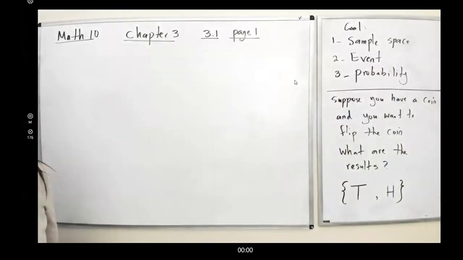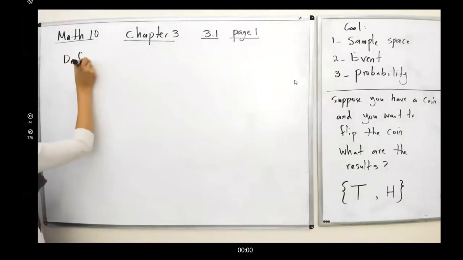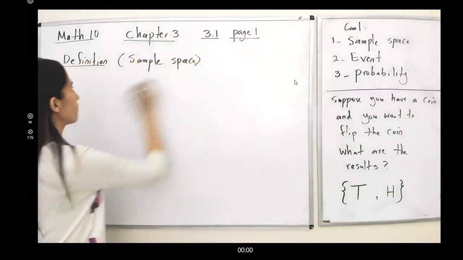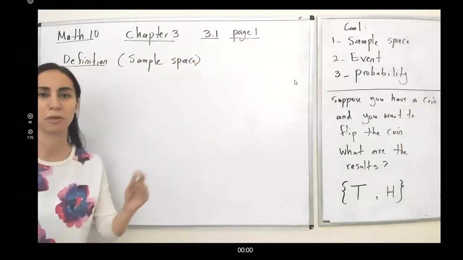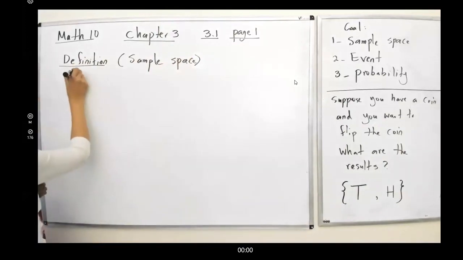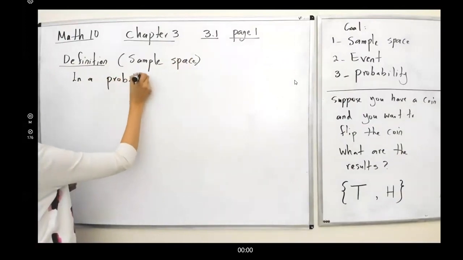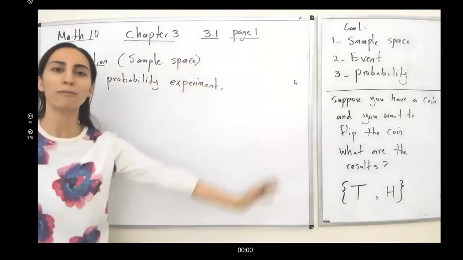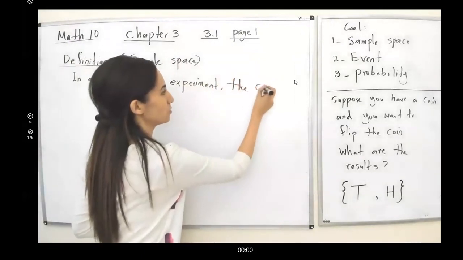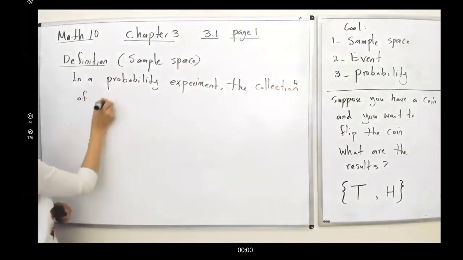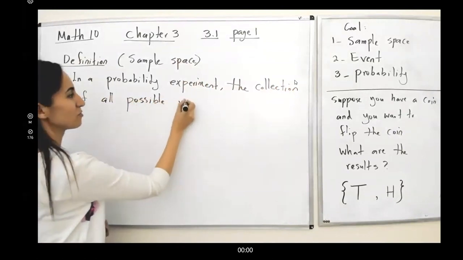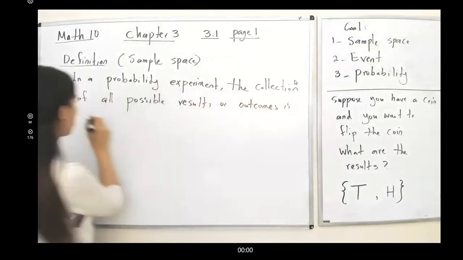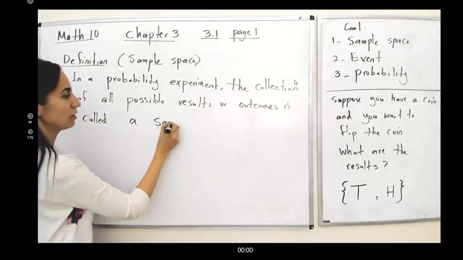So officially, we say that the definition of a sample space: in a probability experiment, so we are experimenting, the collection of all possible results or outcomes is called a sample space.